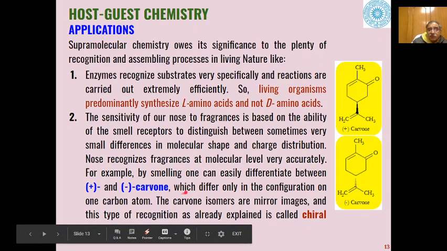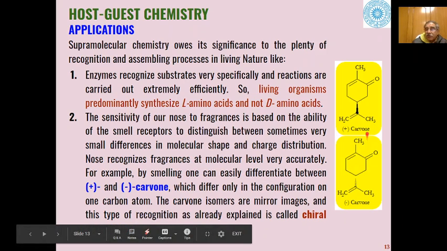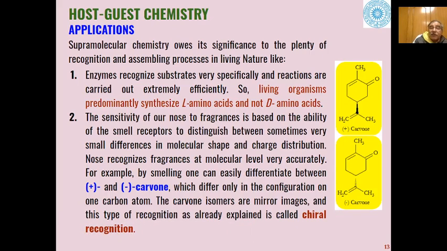Then the sensitivity of our nose towards different types of supramolecular chemistry entities. For example, smelling can differentiate between plus or minus carvone, where the configuration of the two is different, and this is an example of chiral recognition of different enantiomers by our nose.